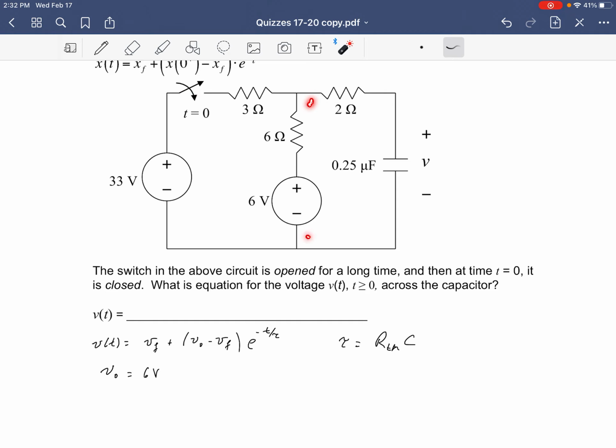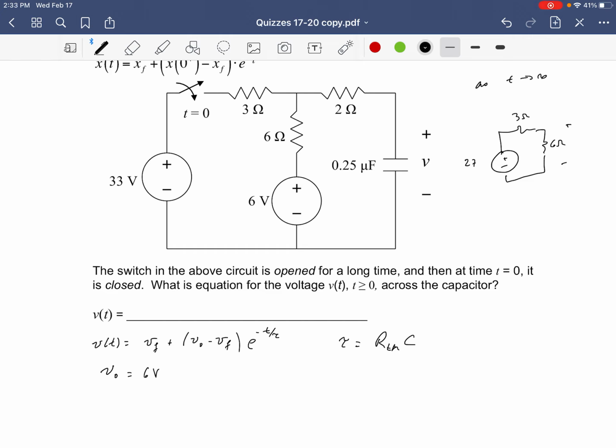To find this, I can combine these voltage sources. So it'll be 33 minus 6, and then I'll have just a voltage divider across here, and so I'll have 6 plus this voltage. Okay, so after a long period of time, as t goes to infinity, 33 minus 6 is going to be 27, and then we'll have 3 ohms and 6 ohms.